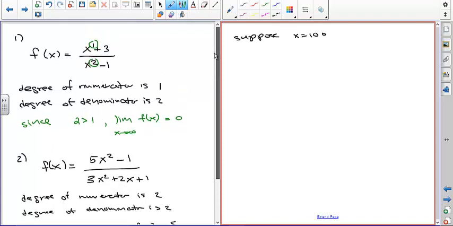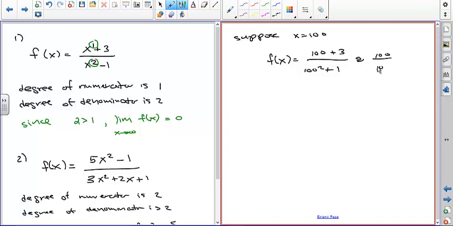In the first case, f of x would be equal to 100 plus 3 divided by 100 squared minus 1. When you get to a large number like this, these terms are essentially insignificant. This would be approximately equal to 100 divided by 100 squared, which is equal to 1/100th.